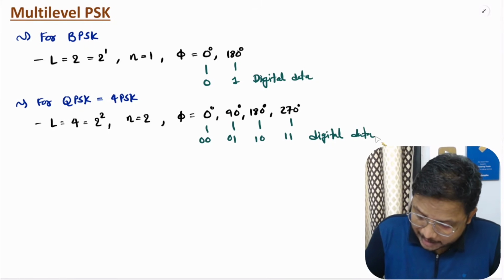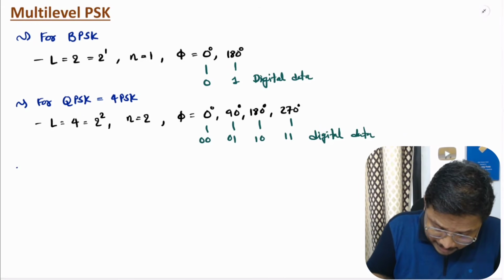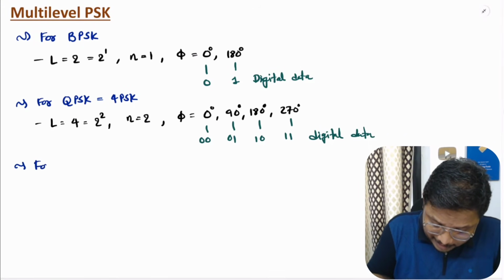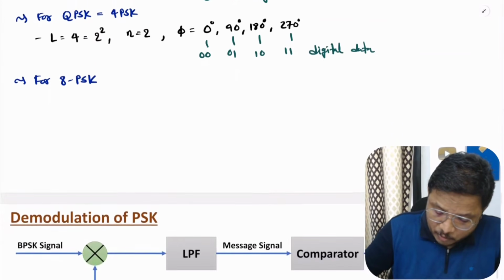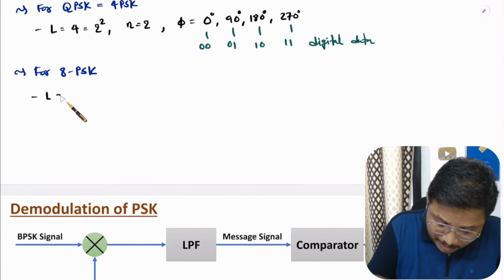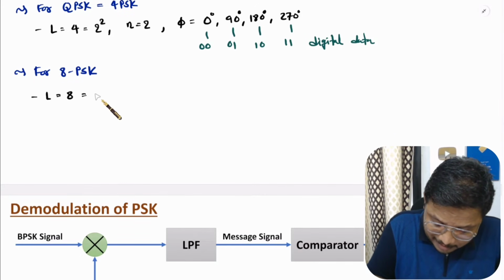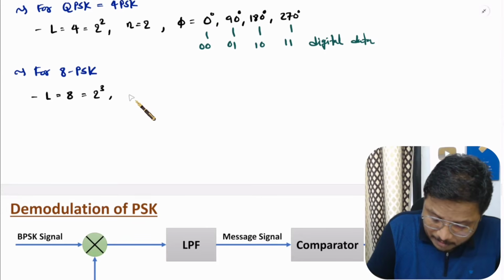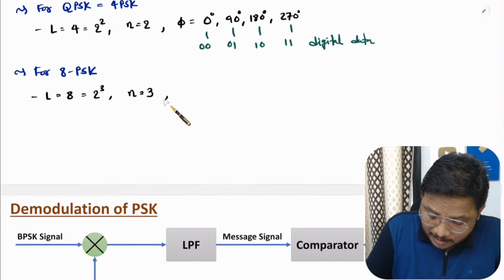Let me take one more case of multi-level PSK. Now I'll take a case of 8 PSK. See, when it comes to 8 PSK, how many levels are there? In total 8 levels are there, that is 2 to the power 3, meaning with each symbol there will be 3 bits. If you talk about phase, in total 8 levels are there.